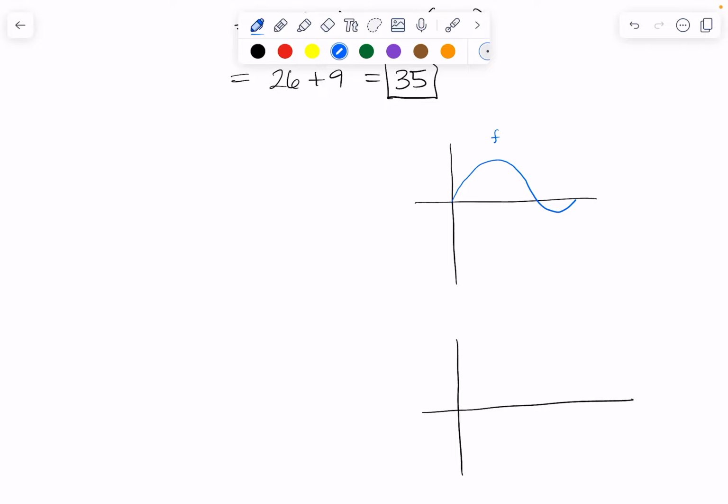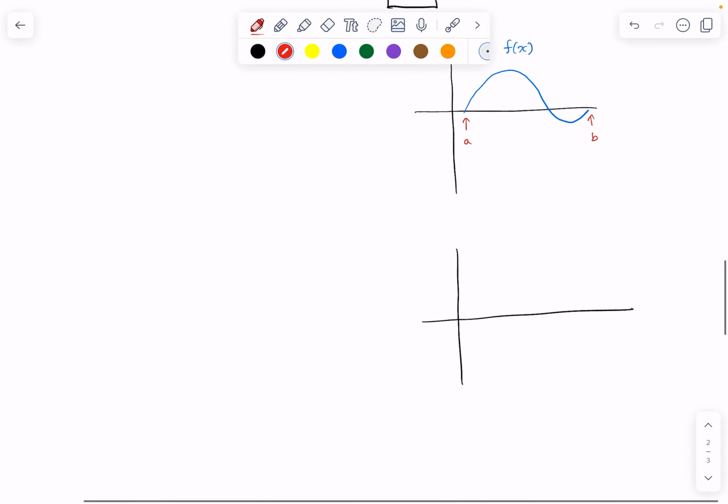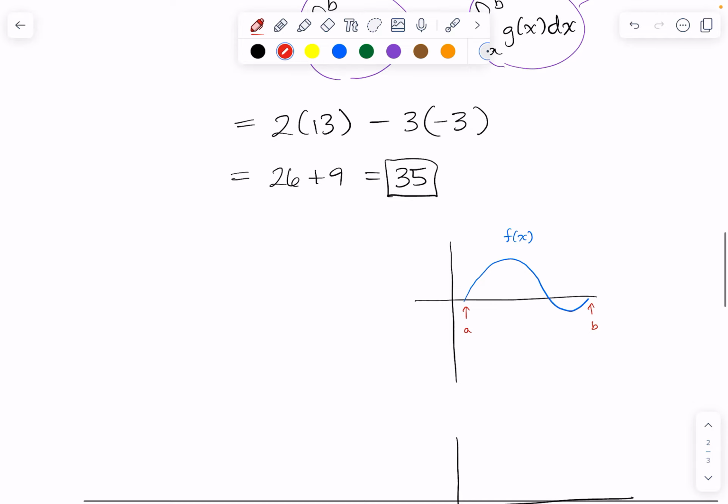This is f of x. Now I want to be true to the integral value, right? So we're going to suppose that this is where a is, this is where b is, and we want to say that if the whole integral is equal to 13, let's suppose that this signed area is plus 17 and this signed area is minus 4, right?